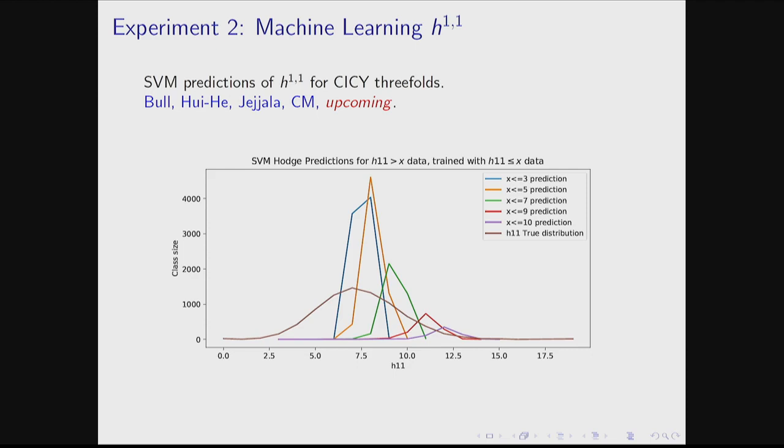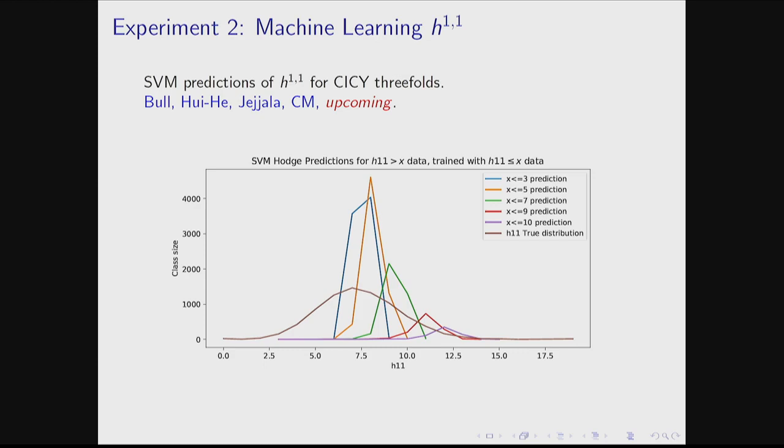You would normally expect that as you keep on feeding the machine learning tools more and more data with high H11s, it should approach the true distribution. But the problem is, because our training set and our validation set are complementary, when you go to higher H11s, you are essentially creating another imbalanced data set.